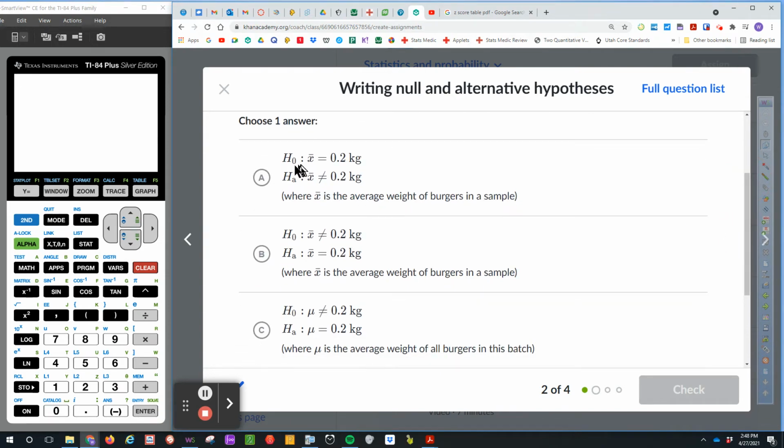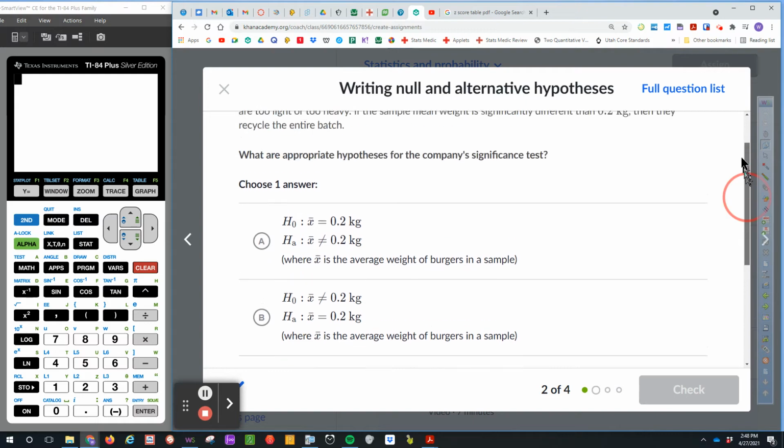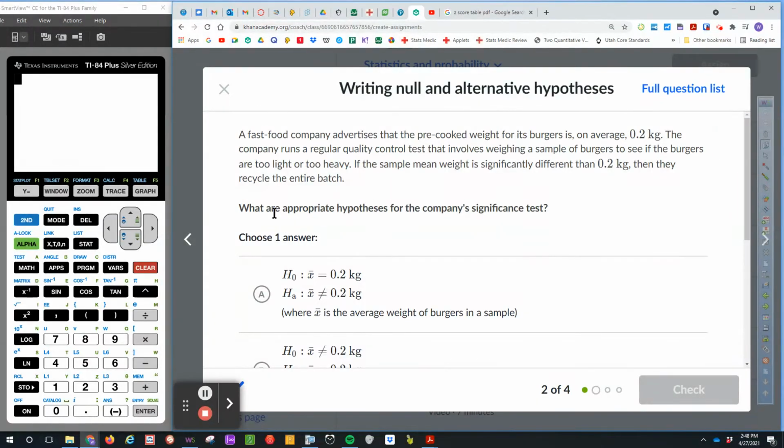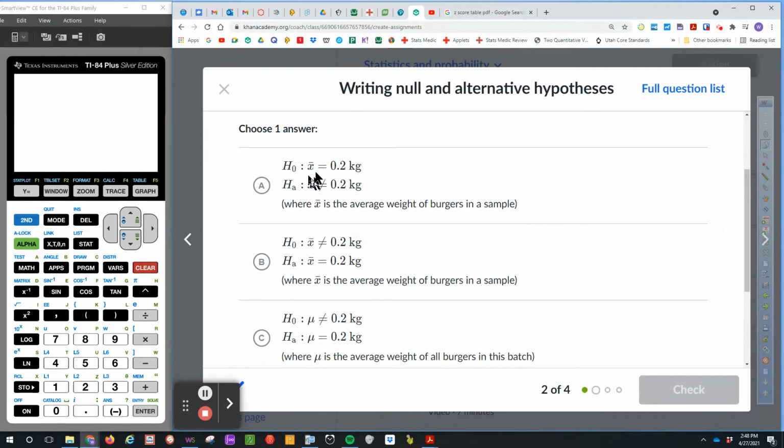What are the appropriate hypotheses for the company's significance test? When you want to test something, we are not testing about the sample mean, right? So A and B, they're out.